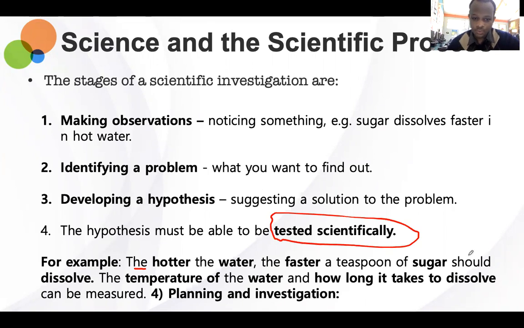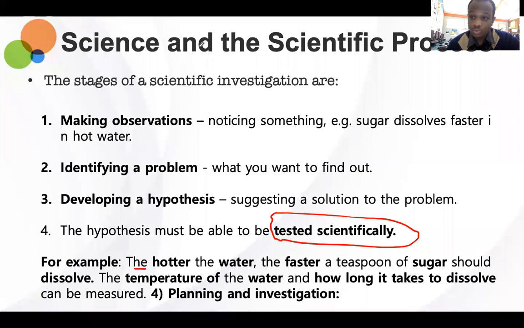Right. So, if we are going to have a hypothesis, as you said, it should be able to be tested, right? So our hypothesis, or our expectation, that the hotter the water, the faster a teaspoon of sugar should dissolve. That is our expectation, right?